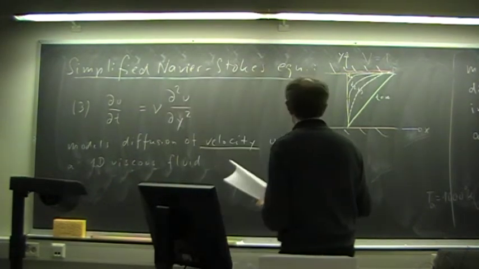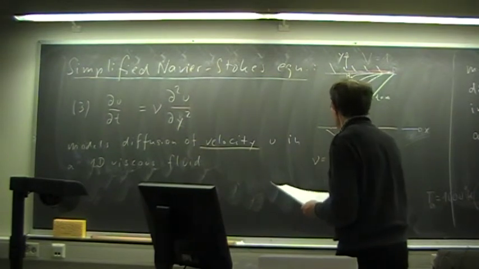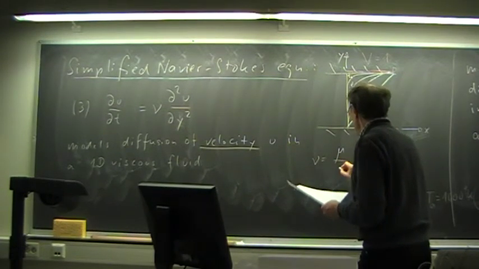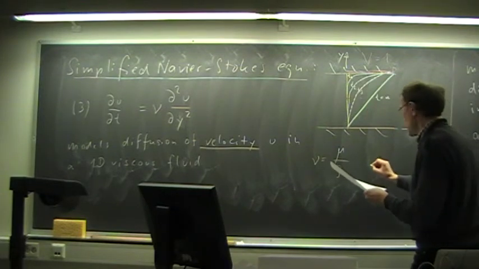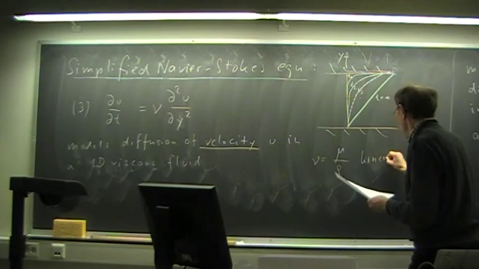And the nu that we have here, that is the dynamic viscosity mu divided by the density, that is the kinematic viscosity.